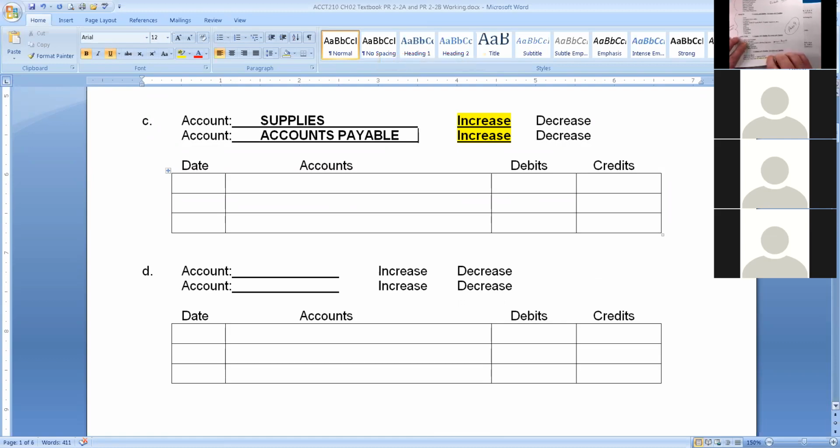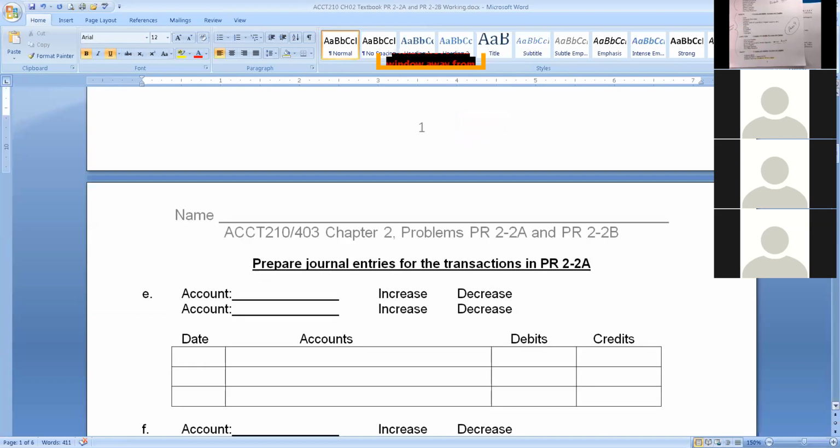Accounts payable is a liability. It's also going up, but it increases with a credit. So the supplies are increasing with a debit. The accounts payable is a liability, and it's increasing also, but it's increasing with a credit. So supplies the debit, accounts payable the credit. Okay. I'm on the wrong page.